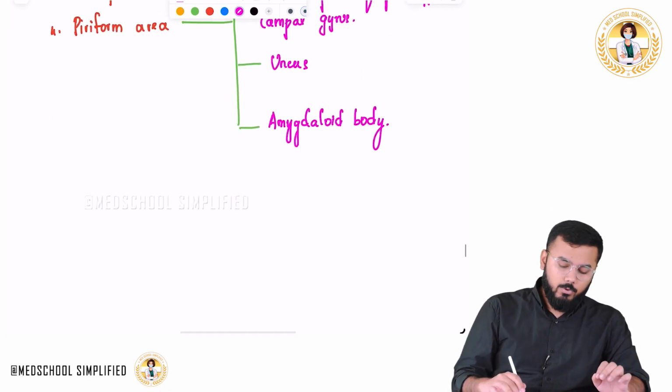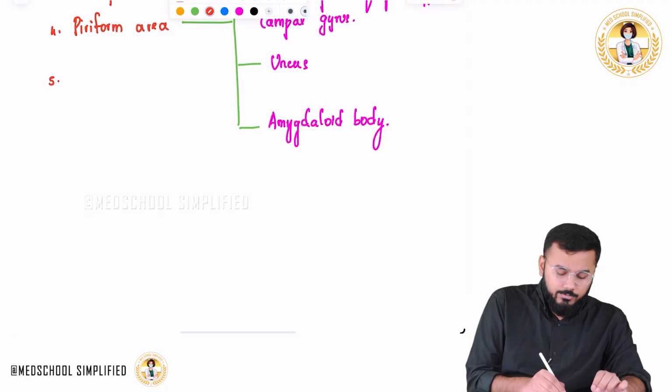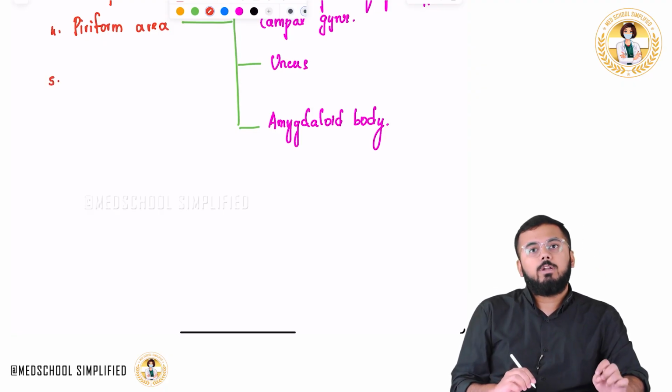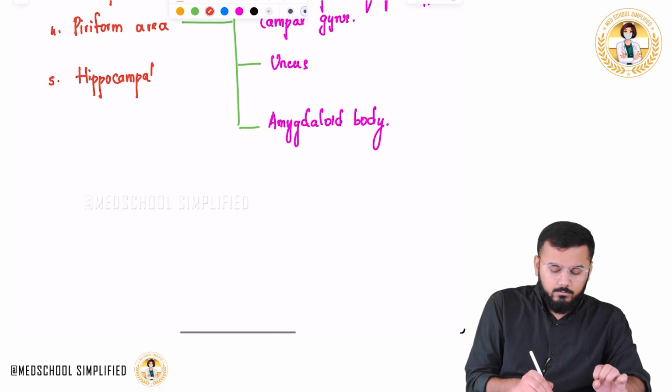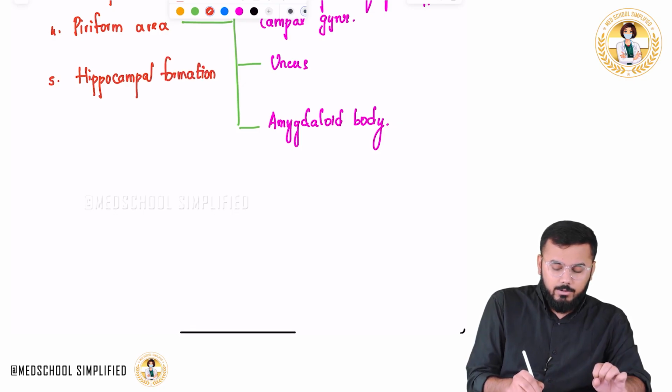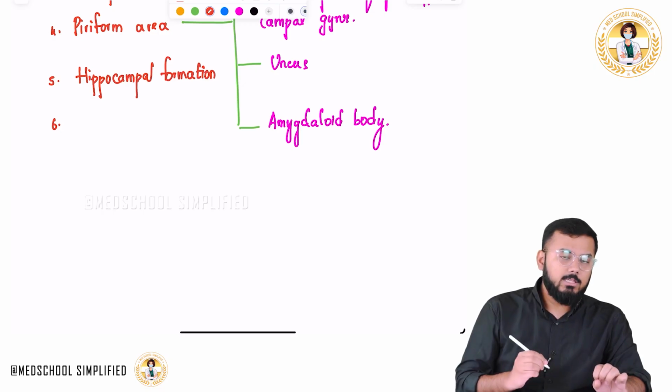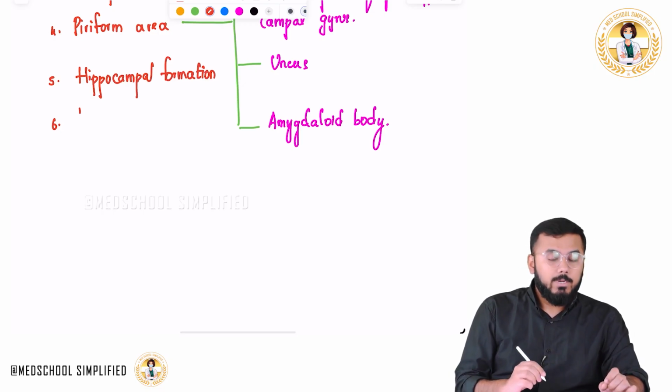Now after these four parts, let us discuss the fifth important one: the hippocampal formation. After that, the sixth important part is the paraterminal gyrus.